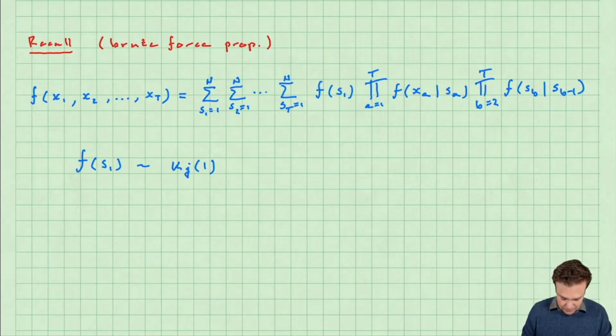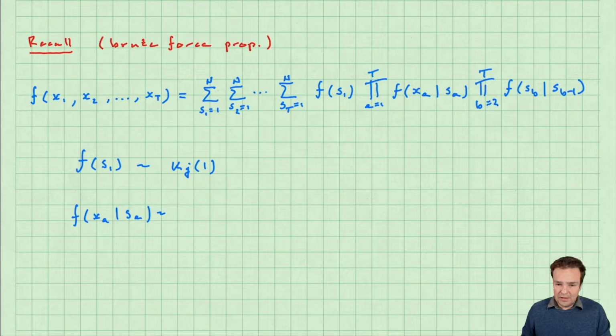Another quantity, the next one that shows up down the line, is F of x sub a given s sub a. And so these are the state-dependent probabilities, or the distribution of the observations. So these are new.